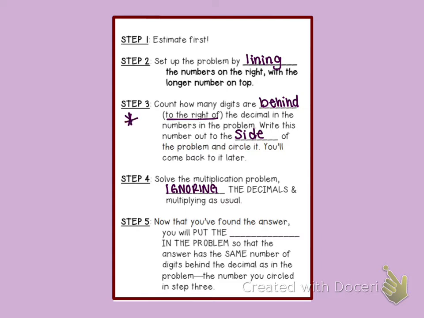And then once we finish multiplying like normal, we have found our answer, we will put the decimal in the problem so that the answer has the same number of digits behind the decimal as in the problem. That is what we use that number that we set aside for. We're going to use that to place our decimal back into our answer.